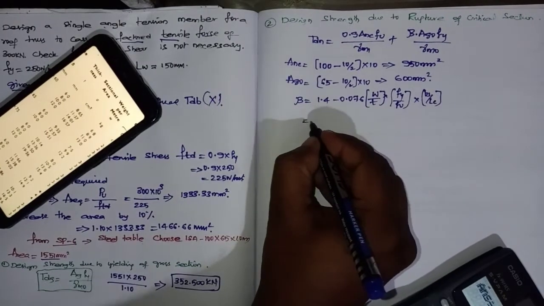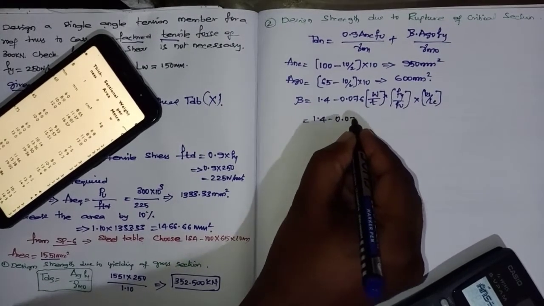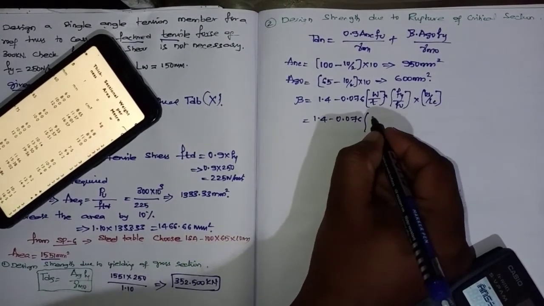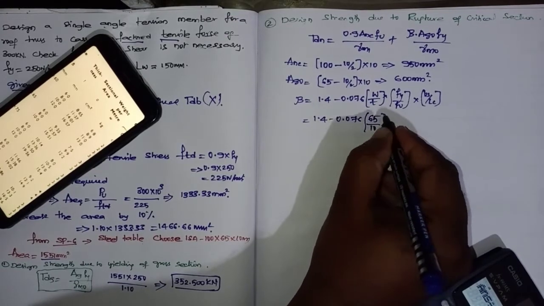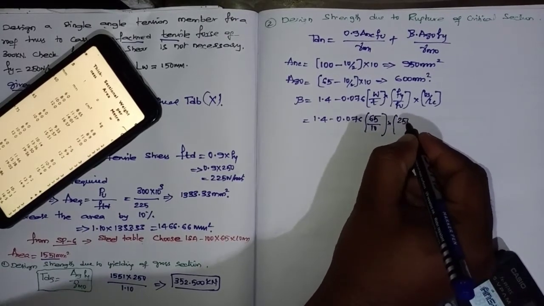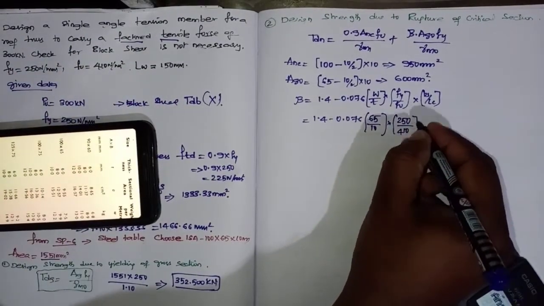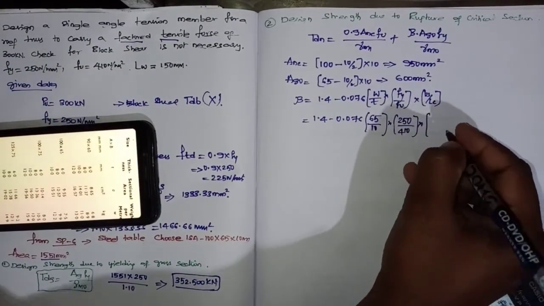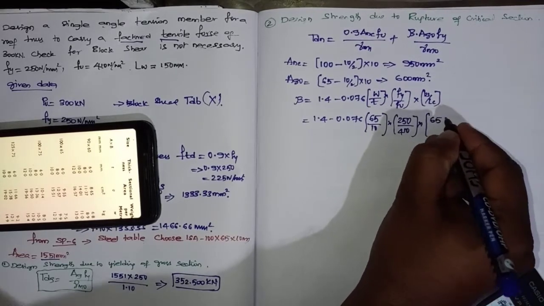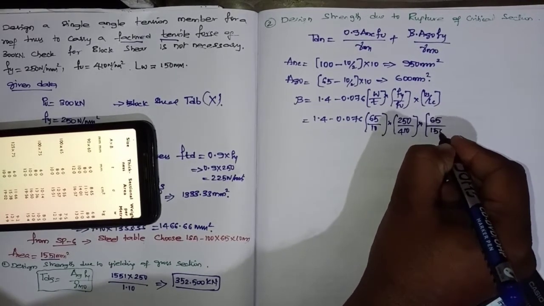Now what is 1.4 minus 0.076? W is the outstanding leg, 65, thickness is 10, into 250 by what is Fy given? 410, into what is Bs? Same 65 for single angle, and Lc is 150 given.